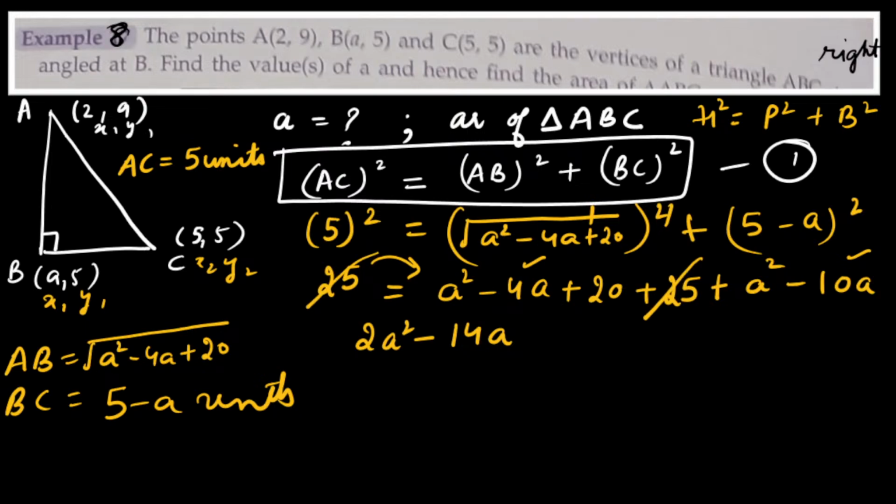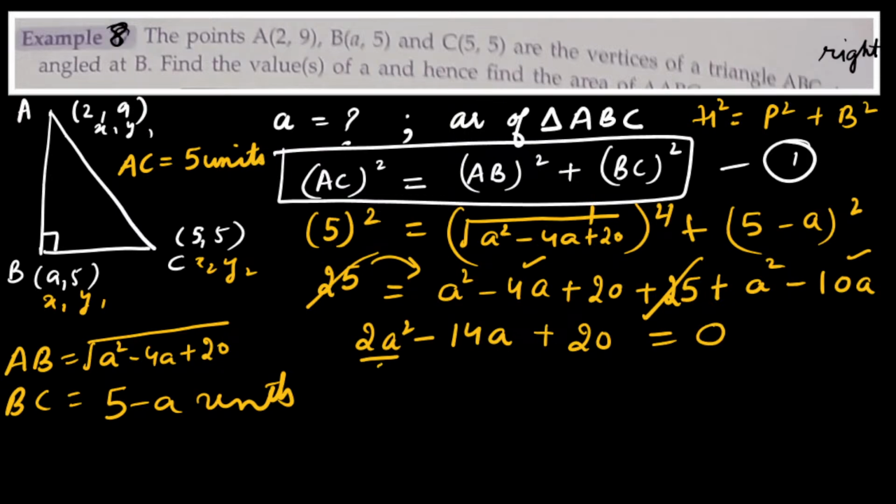So this you can directly cancel, because when you shift this side, it will become minus 25. 25 minus 25 is 0. So directly I'm just going to cancel. So here what I am left with now, plus 20. Other side nothing is there, so 0. I hope this is clear.